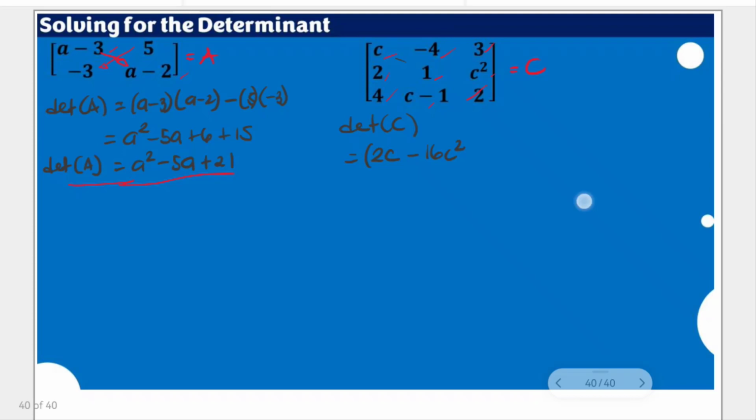So that's again 6, so plus 6C minus 6. Take this, 3 times 2 is 6 times a binomial. So 6 times C is 6C, then negative 1 times 6 is minus 6. This is for the first flow.